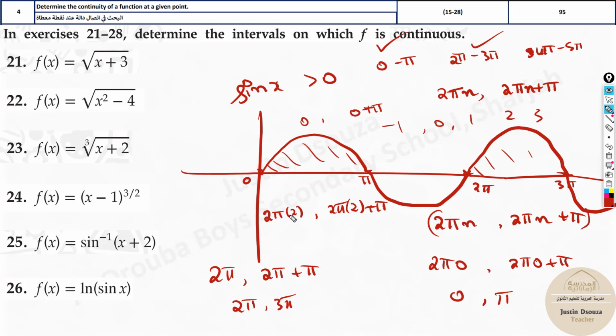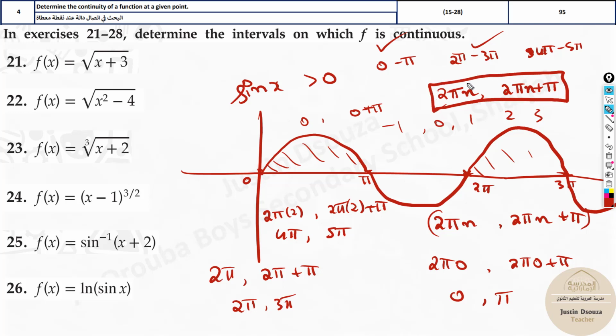Sorry, I just got distracted. 2 times 2 is 4 pi, and this is again 4 pi plus pi is 5 pi. You can see I am getting all the positive domain of sine x. So this is why I write this as this.